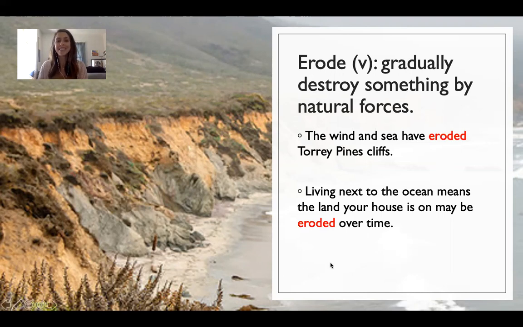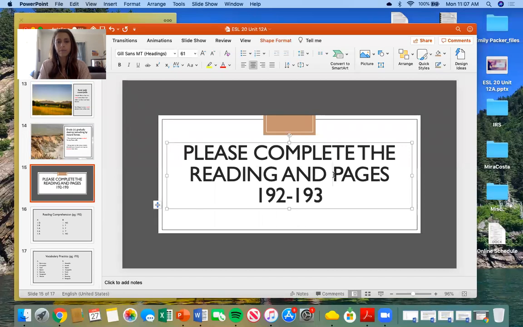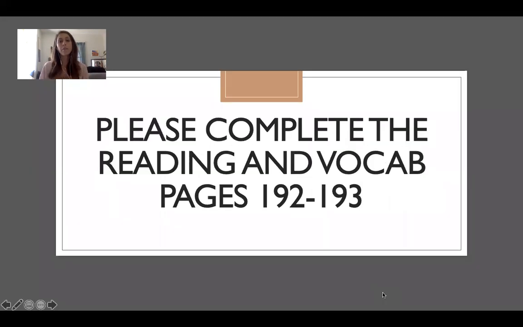All right, you guys. So we've gone through our 10 vocabulary words. So at this point, take a second and read through Unit 12A. After you're done reading through, please complete the reading and vocabulary pages. Sorry about that. The reading and vocab pages on pages 189, 192 and 193.